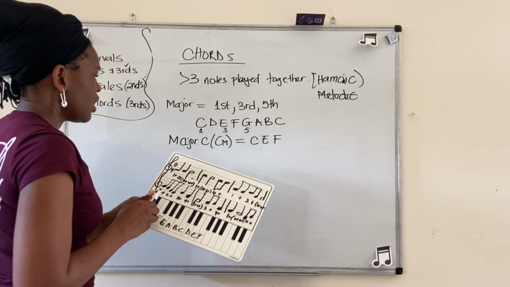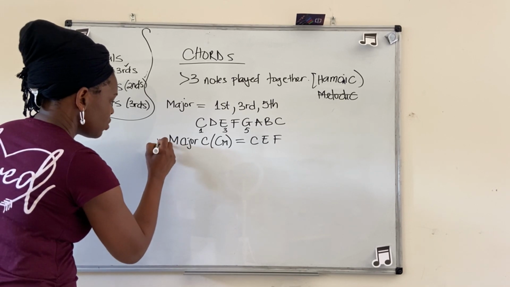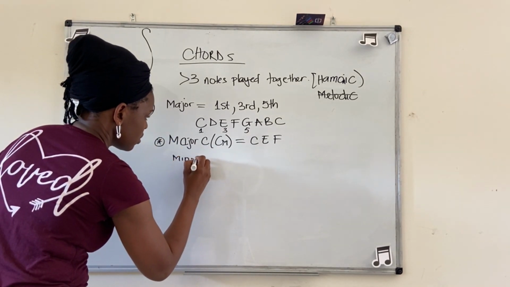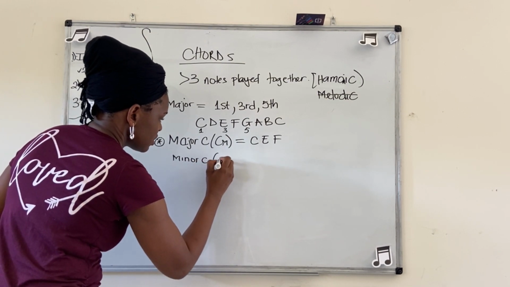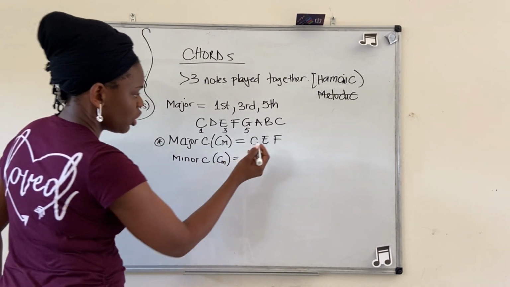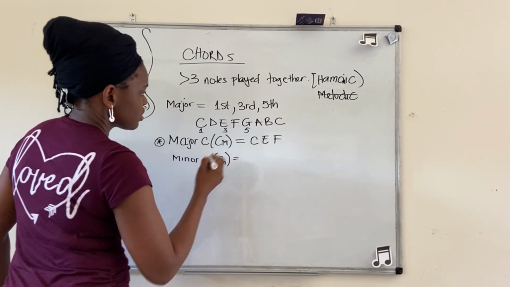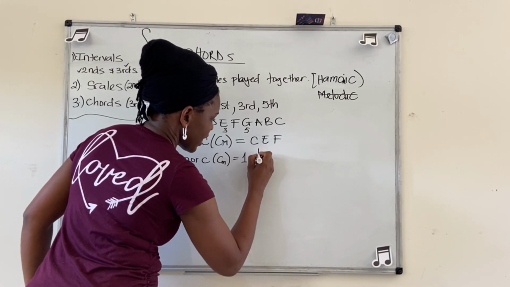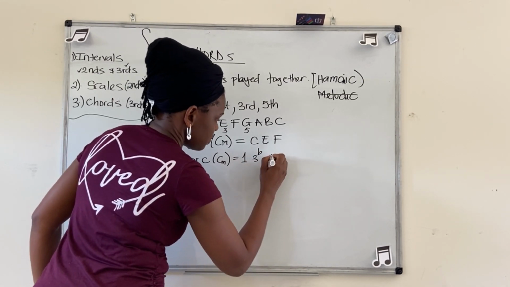And now, since you have the major C chord, if you want the minor C chord, you have to flatten. It's going to be the first, the third flat, and the fifth.